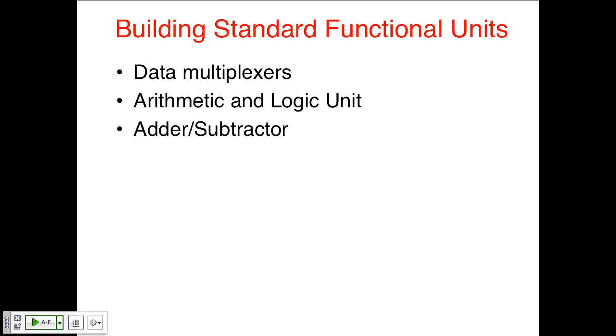Today we're going to focus on some basic combinational blocks that you're going to need inside your computer, in particular a multiplexer, and the arithmetic and logic unit that actually does addition and logic operations. The adder subtractor lives within there. It actually does the adds and subtracts.